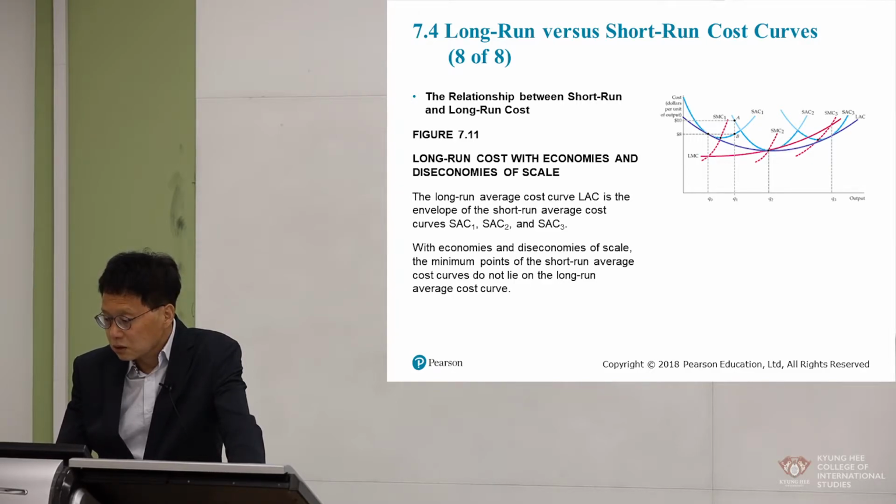The short run average cost here in SAC1 is on the right-hand side of the long run average cost curve. But here, the minimum point of the short run average cost curve is on the left-hand side of the long run average cost curve, like this.